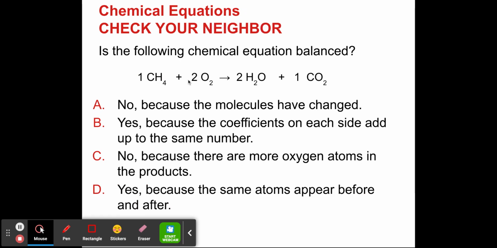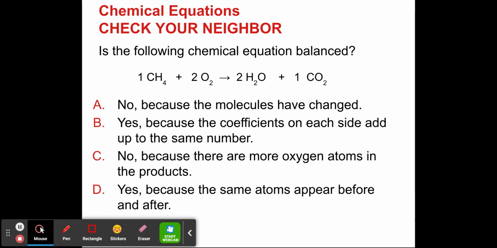This two multiplies this oxygen right here, so it will be two times two. On the left, we will say that there are four oxygen. When you come to the right, after the arrow, this 2 multiplies this 2 hydrogen to make 4 hydrogen. This 2 here multiplies this oxygen to make 2 oxygen. This 1 multiplies this carbon to make 1 carbon. And this 1 here multiplies this oxygen to make 2 oxygen. That's how you check it out.